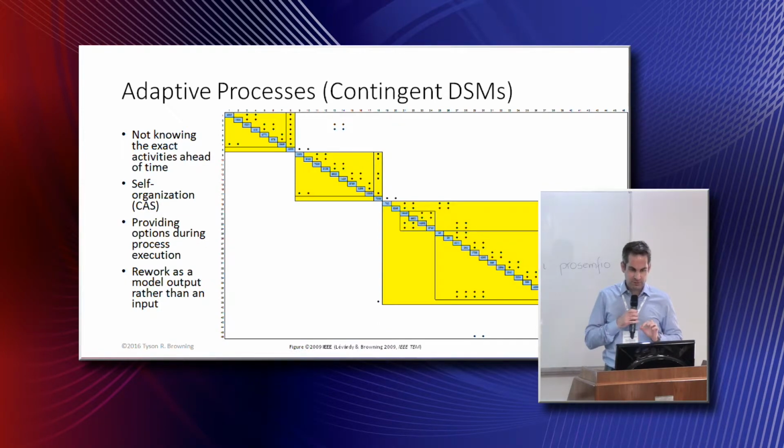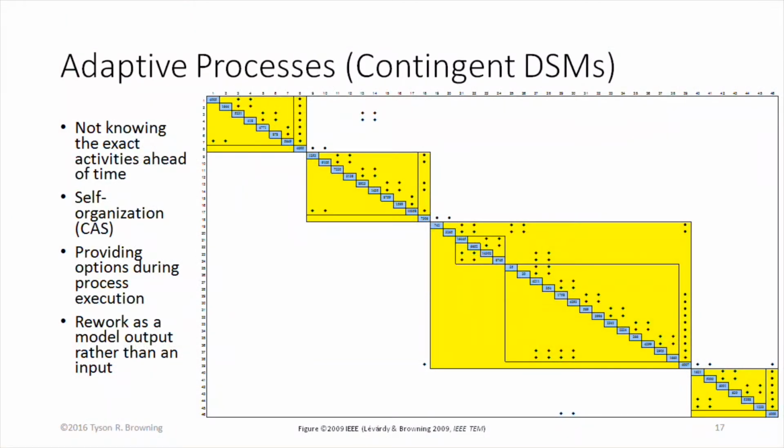So this is an area that is especially interesting to me personally, although I haven't done much work in it over the last 7 or 8 years. But this was something I worked on with a Technical University of Munich PhD student quite a while back, Victor Leverdy. And this was on adaptive processes.